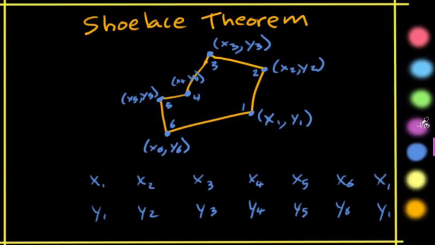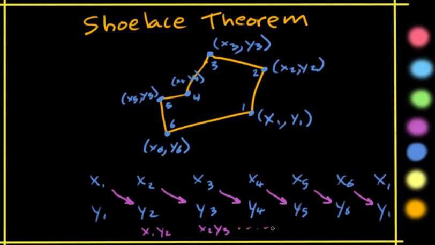So you multiply in two different directions. First you multiply in this direction, diagonal to the right, down and to the right. You multiply each of those pairs. So this will give you, for example, x1 times y2. This will give you x2 times y3, and so on.